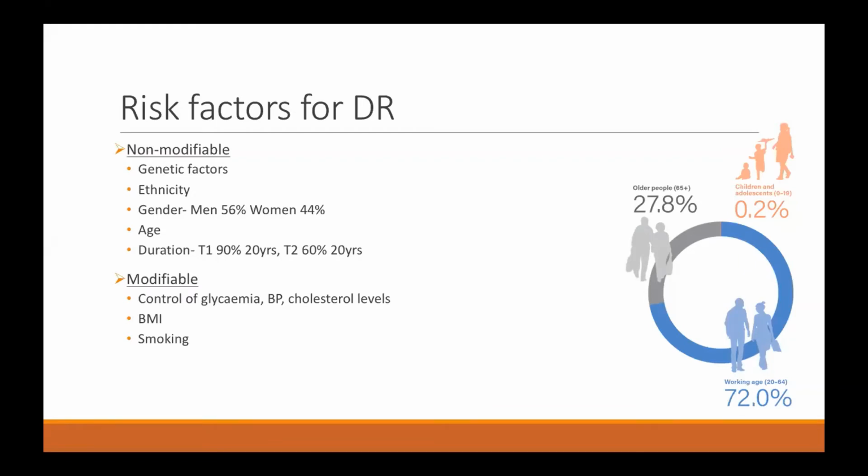And with regards to gender, the studies have shown that men are 56% more at risk than females, and with duration, obviously type 1 diabetics, 90% of them will develop diabetic retinopathy over a period of 20 years, whereas it's 60% in type 2 diabetics.